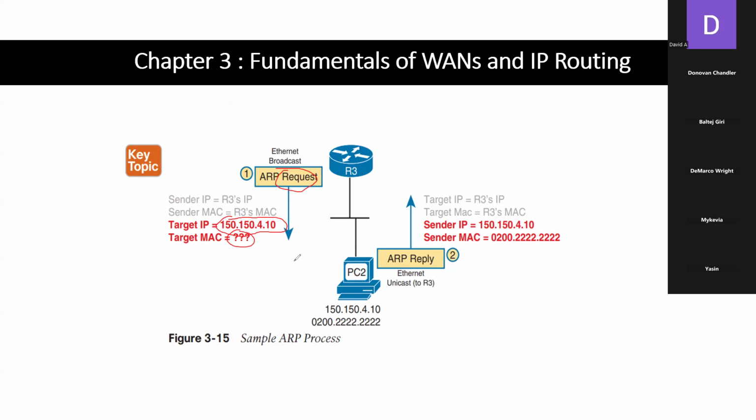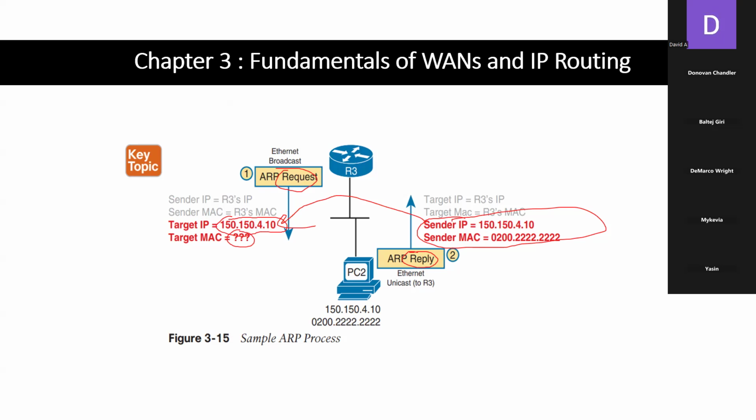Then ARP also defines the ARP reply, which lists both the original IP address and the matching MAC address. Okay.